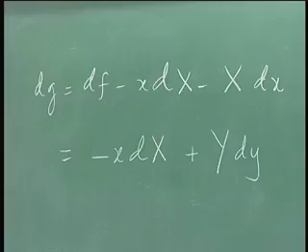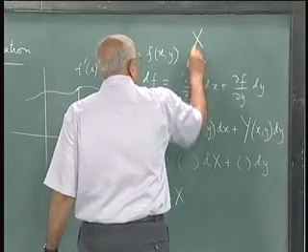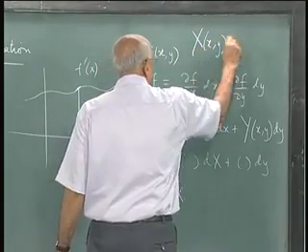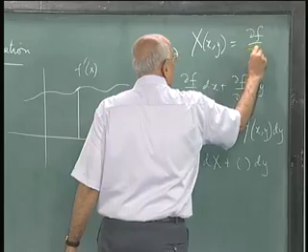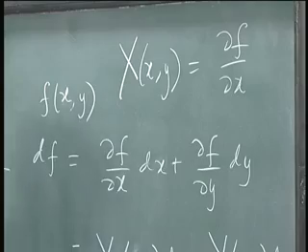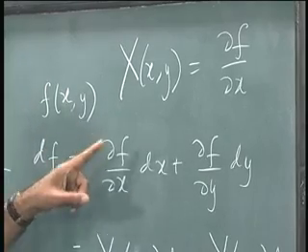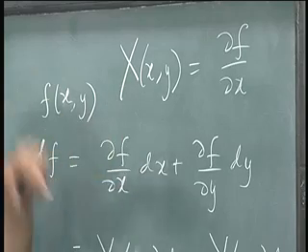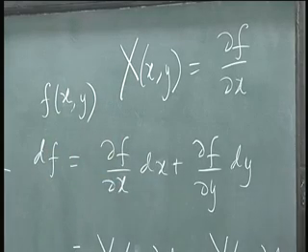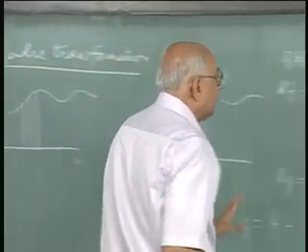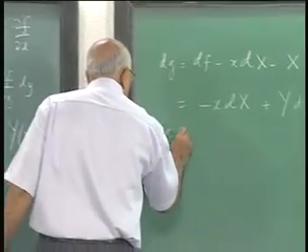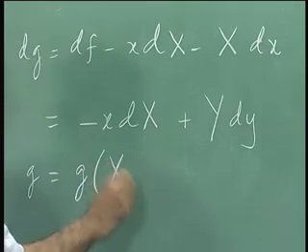So you need to take this equation X of x comma y equal to delta f over delta x, and you have to solve this equation for little x and express little x as a function of capital X and little y. Now once you do that, then you are guaranteed that g equal to g of capital X and little y.